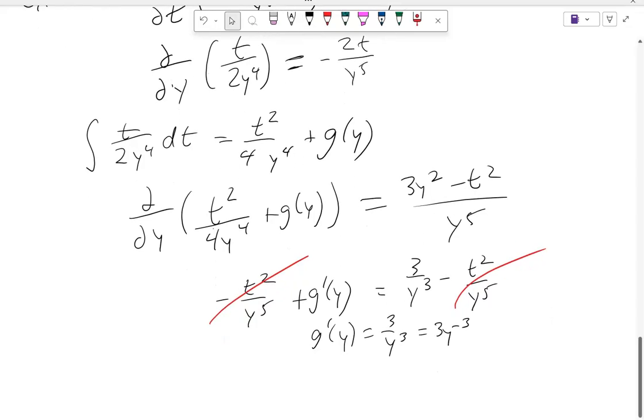To help out a little bit, let me write it as 3y to the negative 3. We need an antiderivative. What do we get for an antiderivative? Negative 3 over 2y squared. Good.